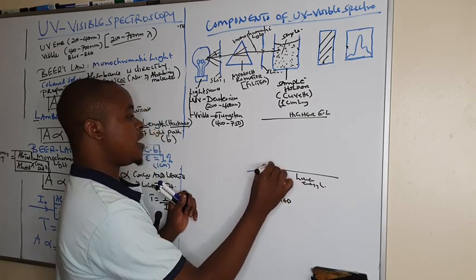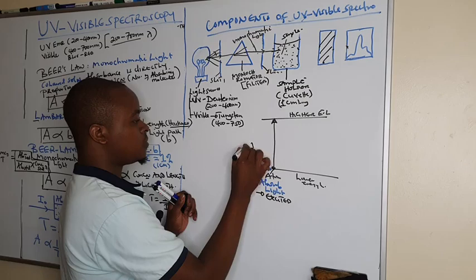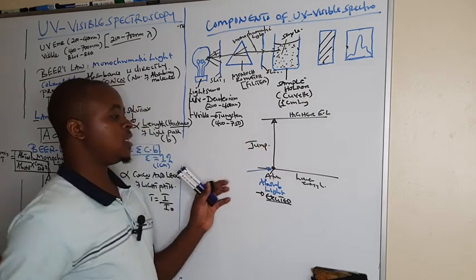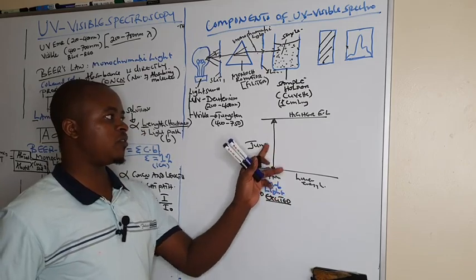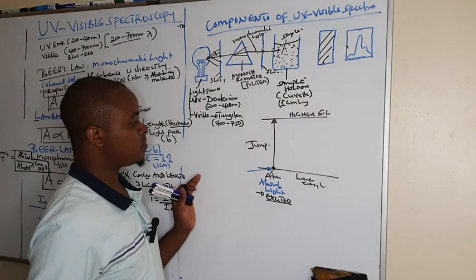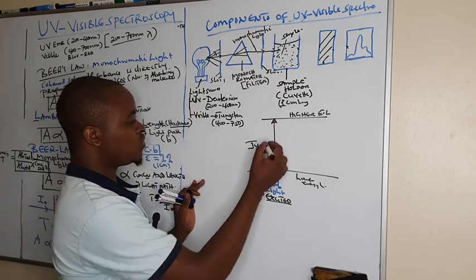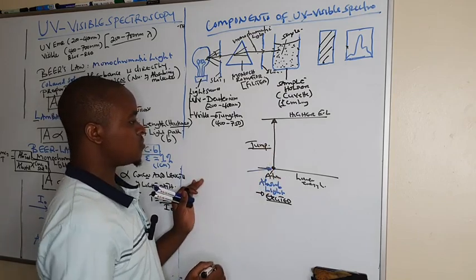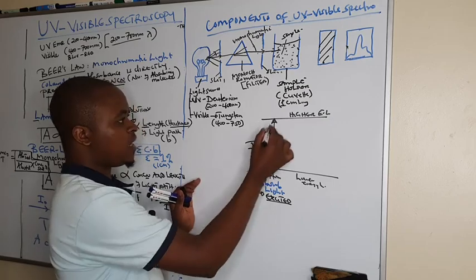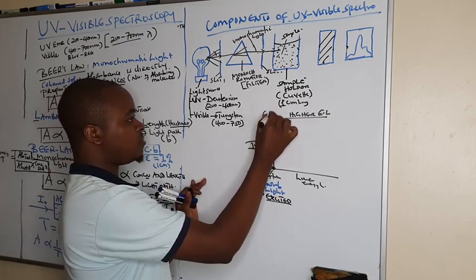When they become excited, they jump from the lower energy level to the higher energy level, and at the higher energy level they are unstable.